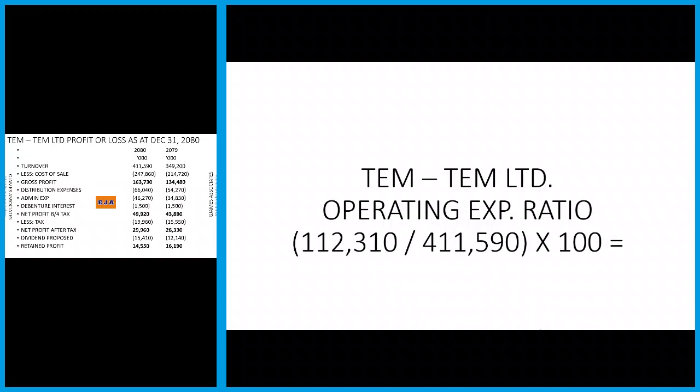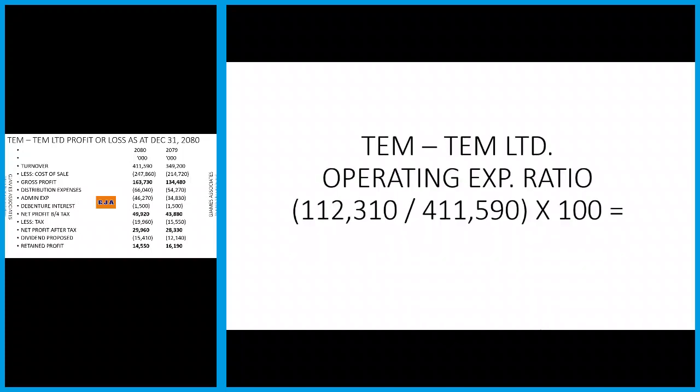So what's our figure? Masha, what do you get there? 27.29 should be our answer if we calculate it very well. So this is how to calculate our operating expense.